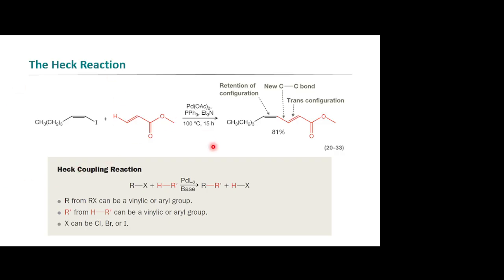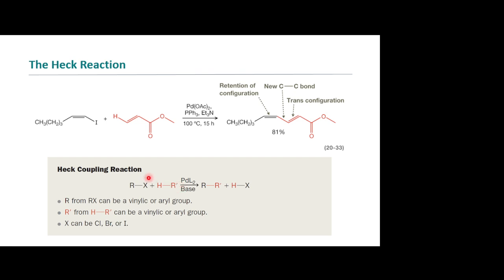This actually is the Heck reaction. It's a very similar reaction. These two reactions together were grouped up, and their people were given a joint Nobel Prize, in case you're wondering. And so this is the Heck coupling reaction. We have an RX here. This can be vinylic or aryl. This right here can be a vinylic or aryl group, either one.